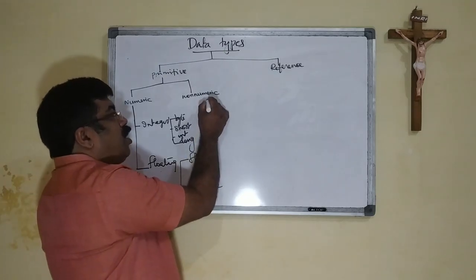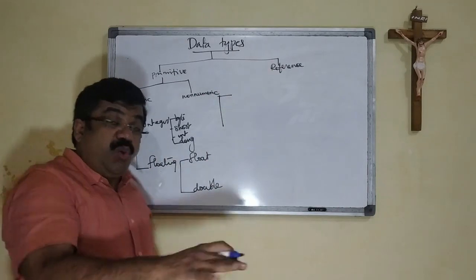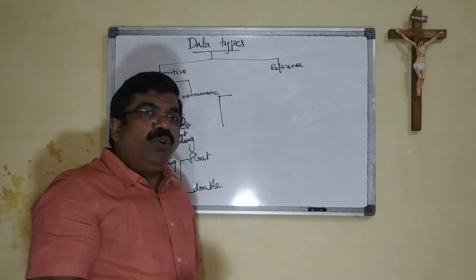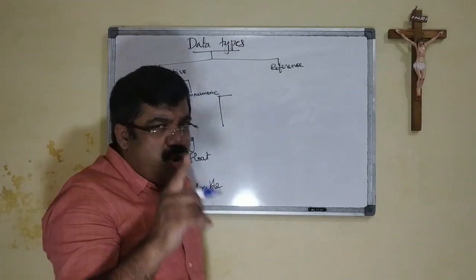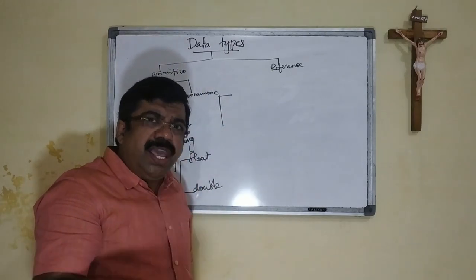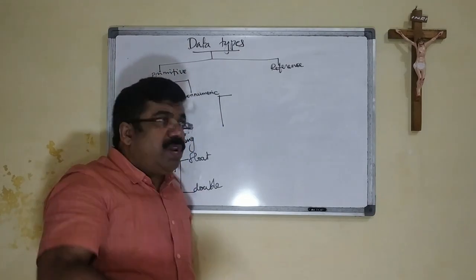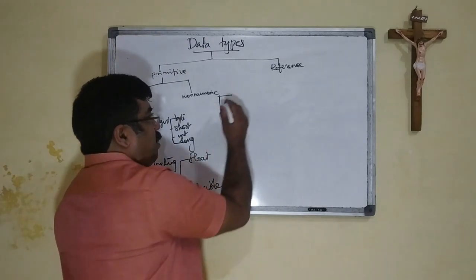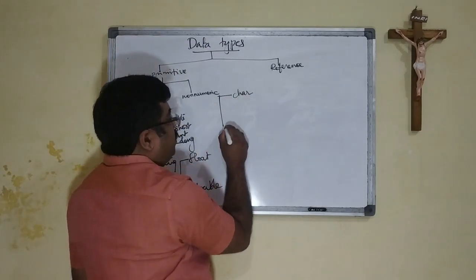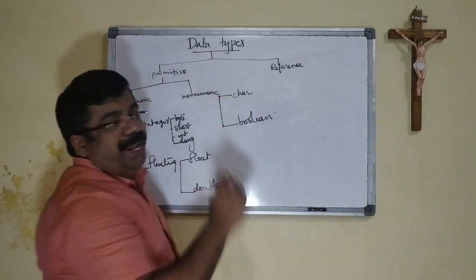Now, in the non-numeric, we can consider the character also as numeric because of one reason. But here I write it as non-numeric because they are used to store characters. Only because of that reason, I write it as non-numeric. So we have character as well as Boolean.